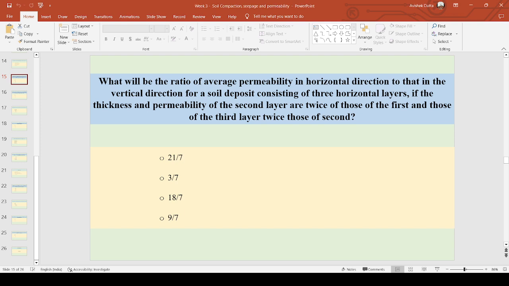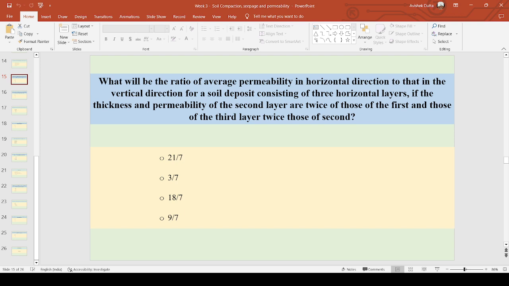What will be the ratio of average permeability in horizontal direction to that in the vertical direction for a soil deposit consisting of three horizontal layers if the thickness and permeability, this is a condition given over here, of the second layer are twice of those of the first and those of the third layer.